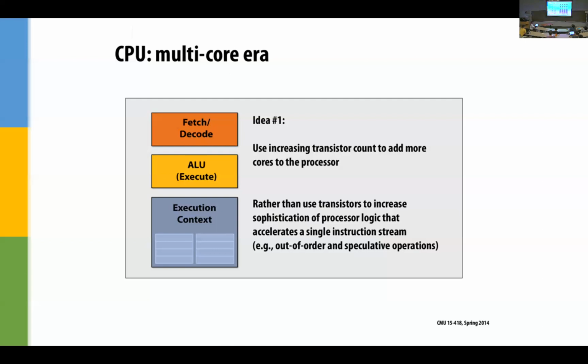So if we were to use CUDA terms, you now have 16 SMs and 16 times 8 cores.